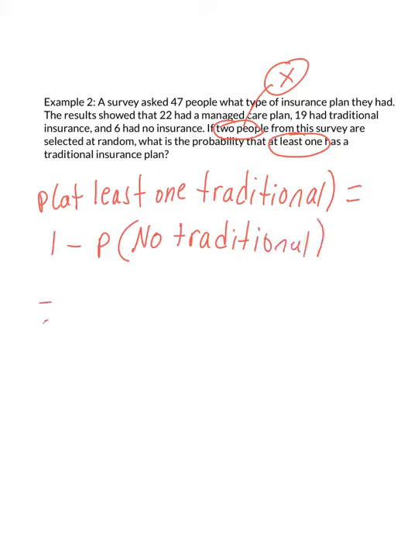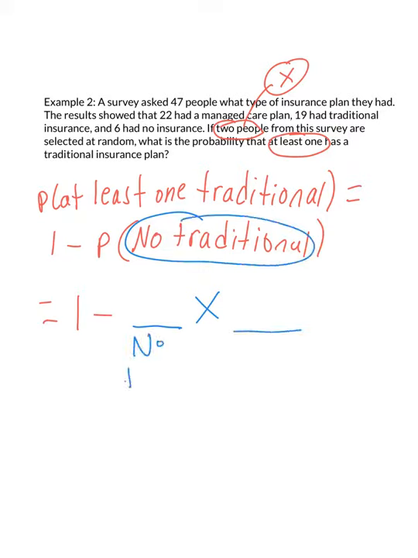Equals, I bring down the 1 and the minus symbol. I'm going to always do multiplication for the no part. So no traditional, I'll put no TRAD, just to abbreviate a little bit here. So no means anything but traditional.